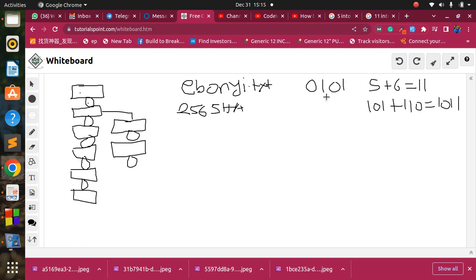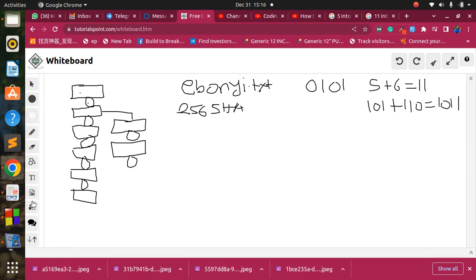As it flows, off, on, off, on. For example, for 5, once it does on, off, on, it means it's 5. Once it does on, off, it means it's 6. Once it does on, off, on, it means it's 11.